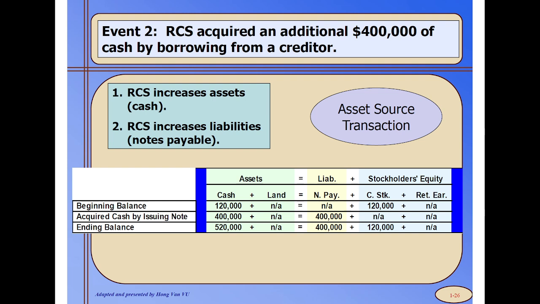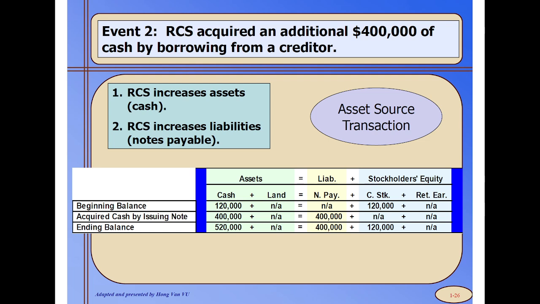So after this transaction, we can see that the company has an ending balance. After the second transaction, the total assets should be the cash 120,000 plus the cash issued by the note, which is 520,000. At the same time, on the other side of the equation, we have a liability of notes payable increase of 400,000 and common stock of 120,000. If you add the 400 plus the 120, you see that the two sides of the equation are in balance.